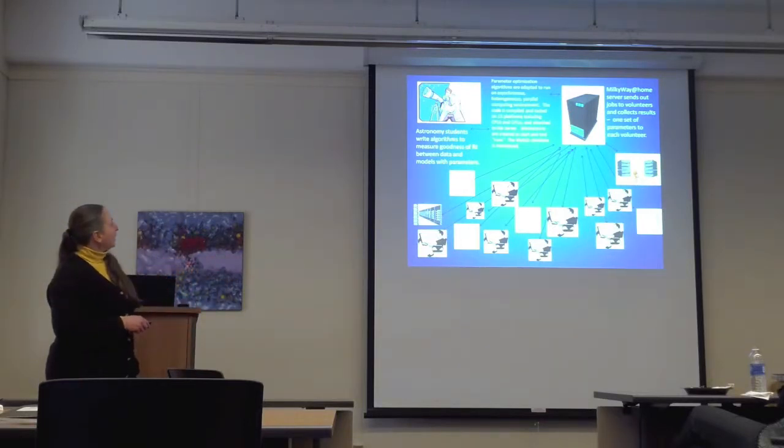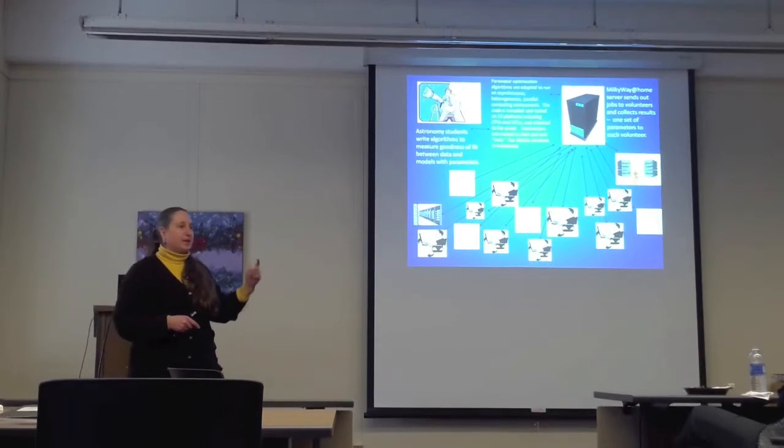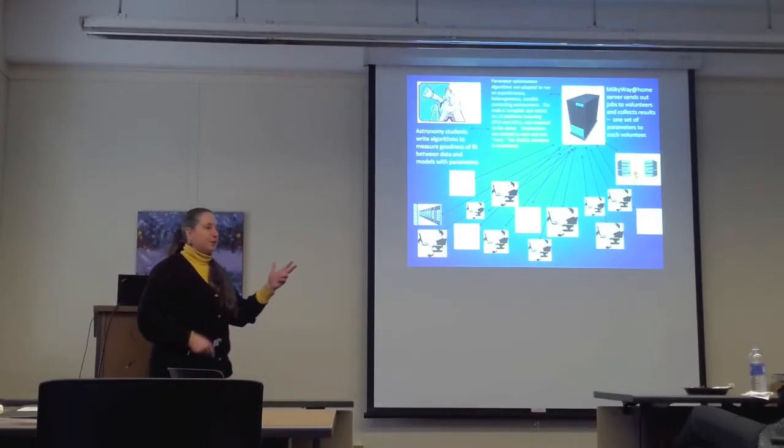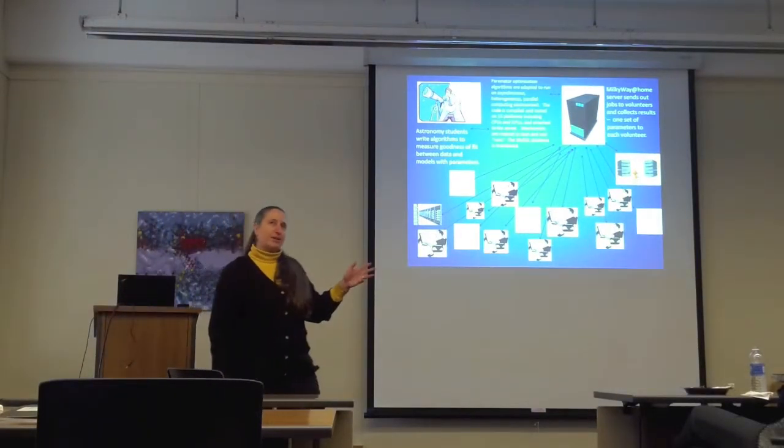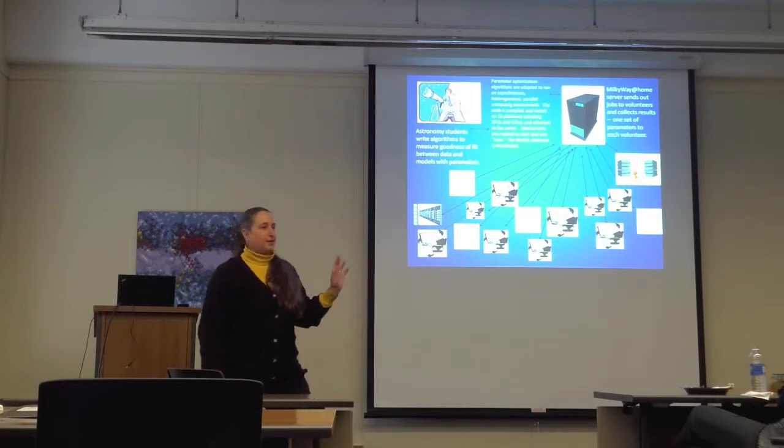So anyway, this is a bit of a challenge for us in astronomy, but I think we finally figured out how to do this, because we write these algorithms and we have to put them on the server, and then this code is farmed out to people all over the world. So we compile for 15 platforms. That's Mac, Windows, Linux, 64-bit and 32-bit, except we don't have 32-bit Macs.